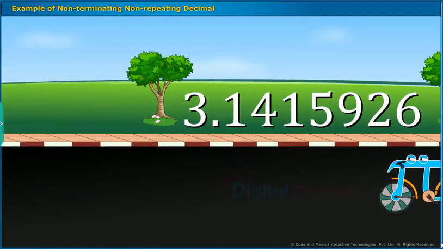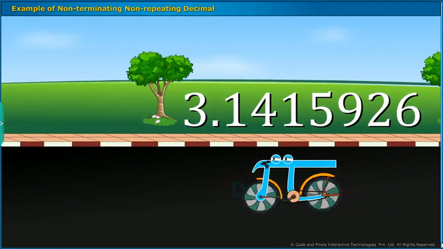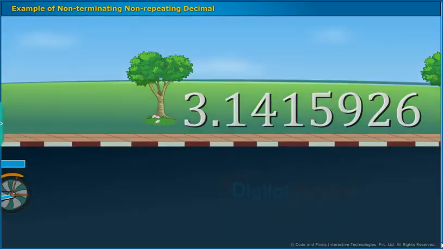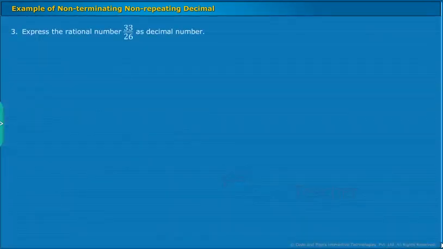Let us see an example of decimal representation of non-terminating, non-repeating decimal. Express the rational number 33/26 as decimal number. Solution. When 33 is divided by 26, we get as follows.